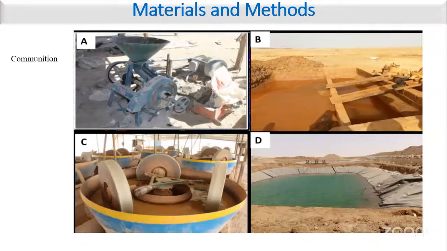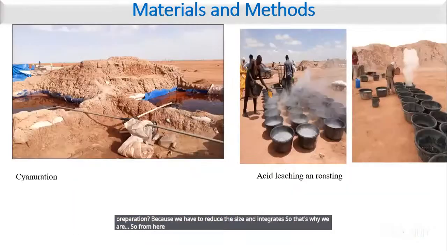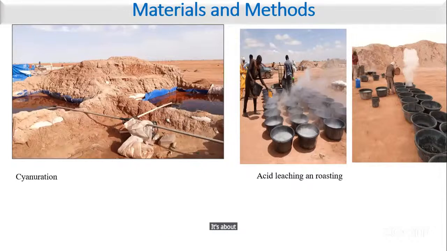Next is comminution, which is mechanical preparation. Why mechanical preparation? Because we have to reduce the size and liberate the valuable minerals. That's why we are doing comminution. Then comes the separation, which they call amalgamation.